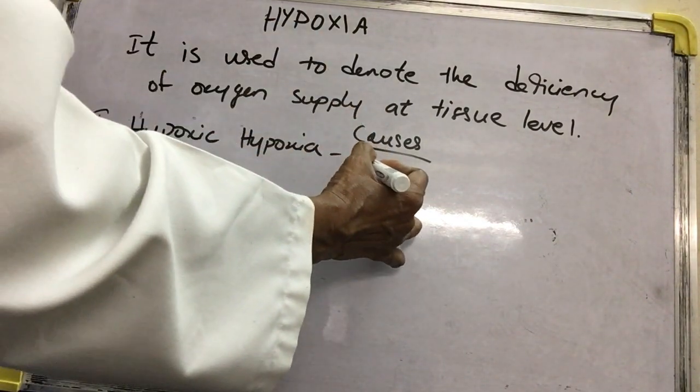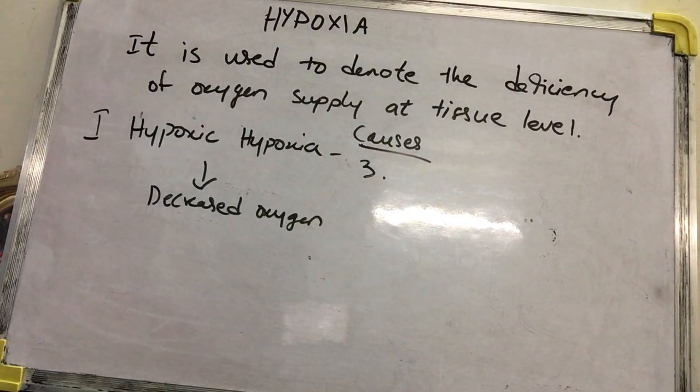Another cause for hypoxic hypoxia can be reduced diffusion of oxygen across the respiratory membrane.